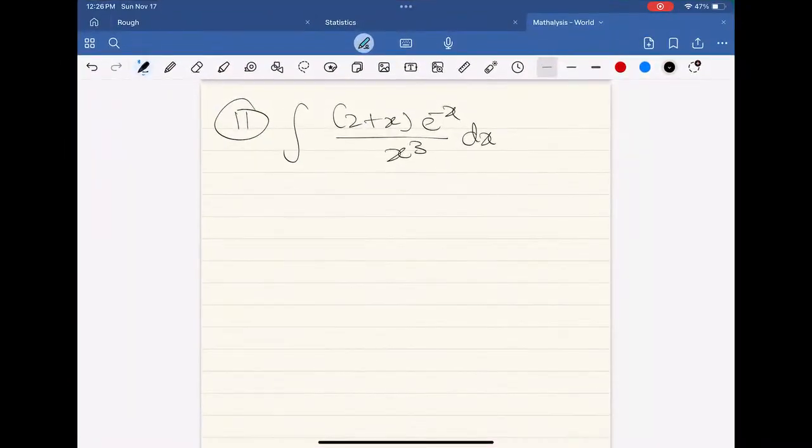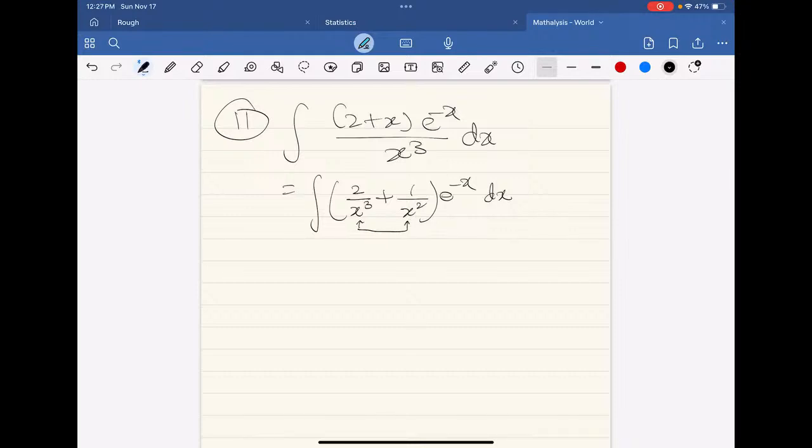Okay, so let's just try to analyze. So this is 2 by x cube plus 1 by x square, times e to the power minus x dx, right? Okay, guys, I noticed something. This thing is almost the derivative of this thing, right?